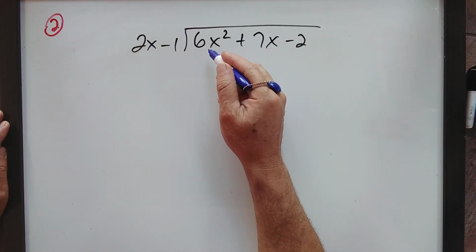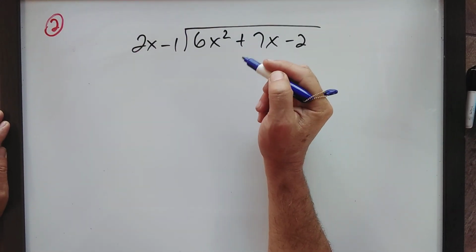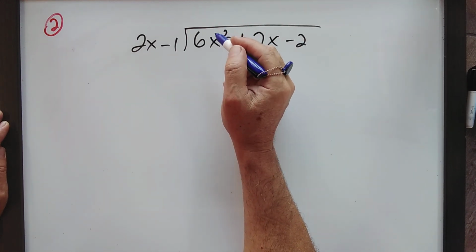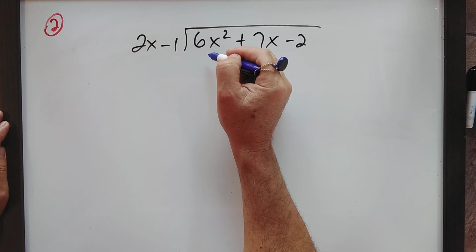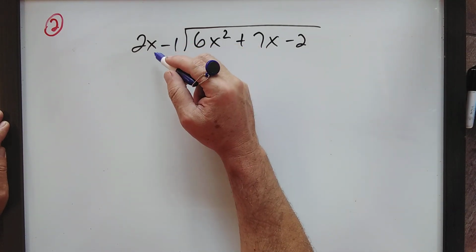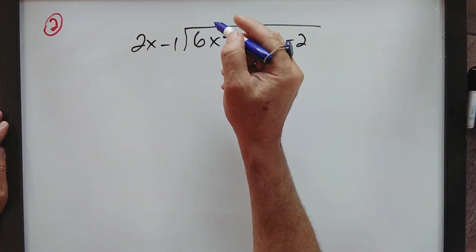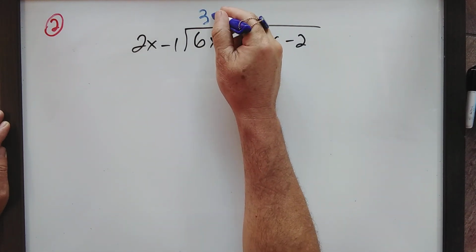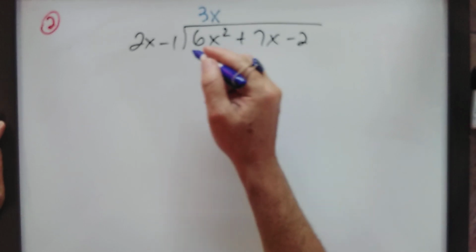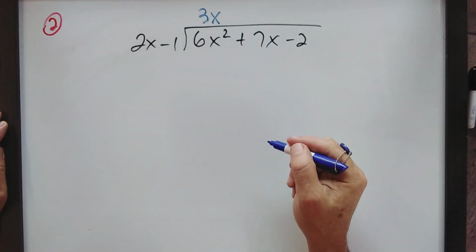So 6x squared divided by 2x is what? Or you can also ask yourself, 2x times what gives you 6x squared? That's another way of doing it. That'd be 3x, because 2x times 3x is 6x squared.